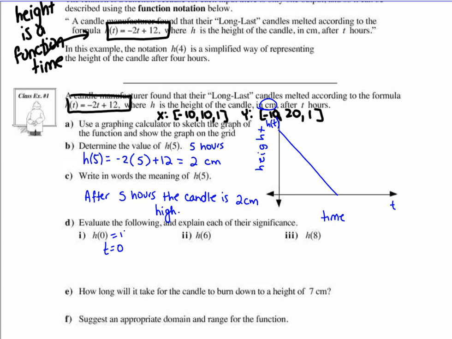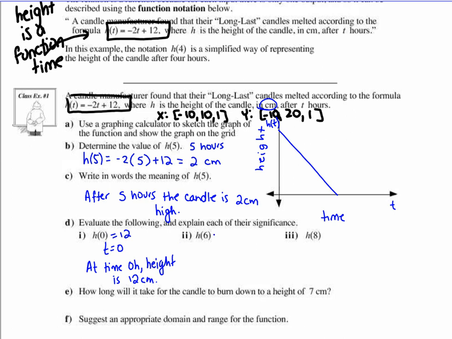So what that means is, in the beginning, at time 0, the candle is 12 centimeters. That would be the initial height of the candle before it starts to burn.